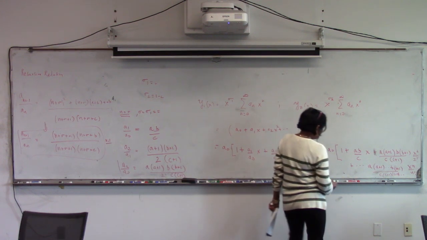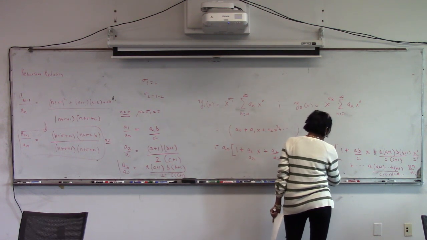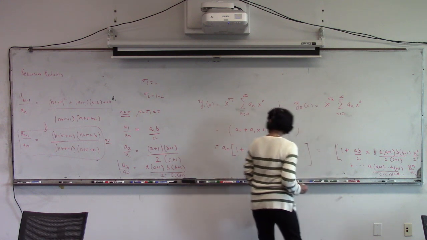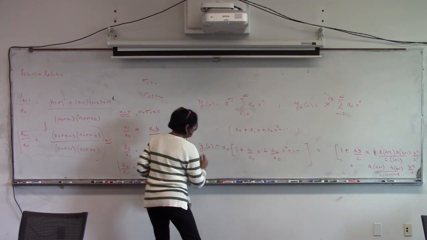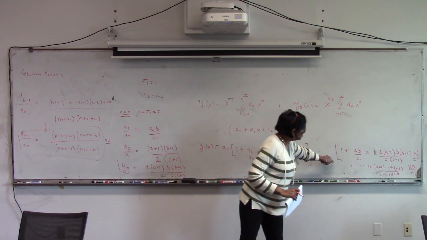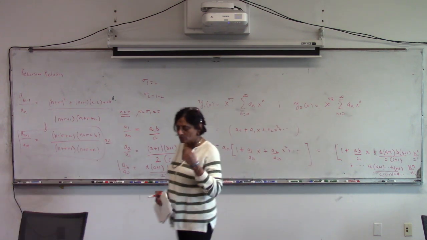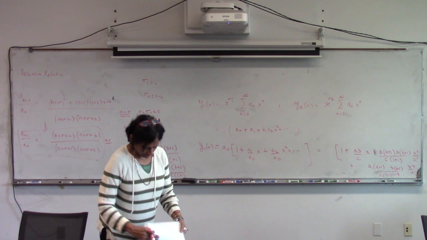Something of this nature. And we choose a naught equal to 1 as usual. And so my first solution will be looking like this. And I want you to write this expression in terms of gamma function now.